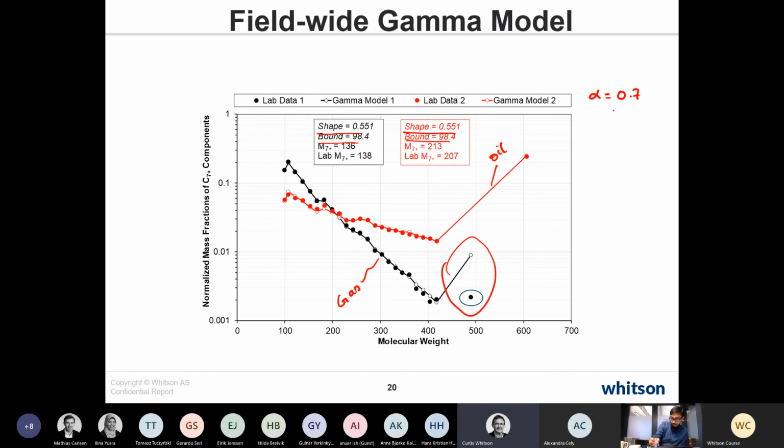So what I would say is that you can do all of this gamma modeling in Excel. It's relatively simple. We have Excel sheets that do exactly this kind of process to come up with the shape and to do all of that gamma modeling outside the PVT software.